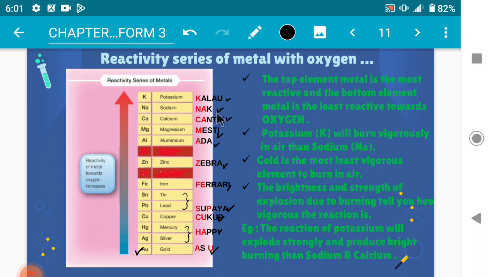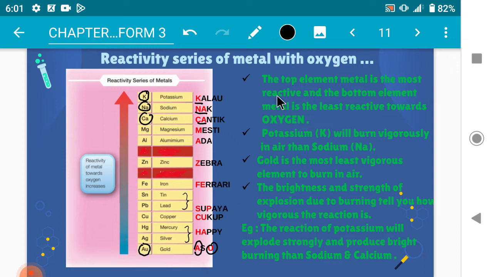How this works: the first letter reflects the symbol of the metal. K for that, Na for that, Ca for that, and so on. The last one is Au, which is the A and U. This is how you can understand it with a simple acronym.